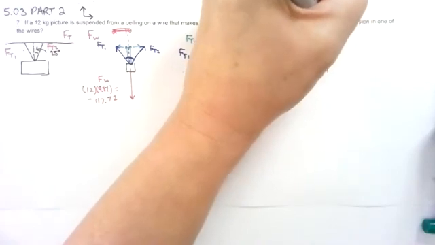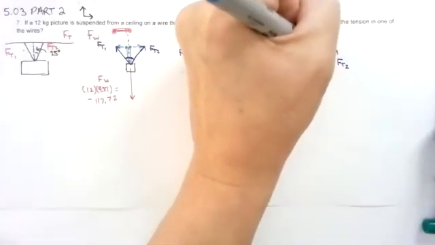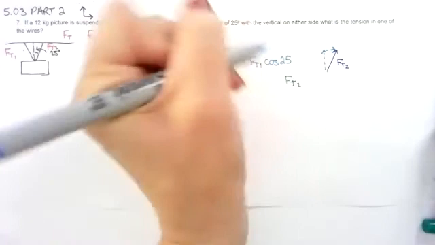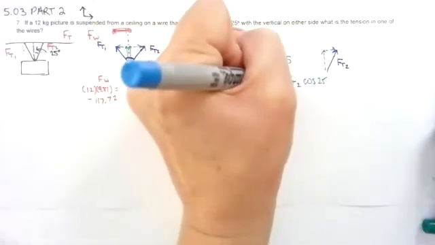When I draw in FT2, I'm going to have the same thing. So I'm going to have FT2 cosine 25.